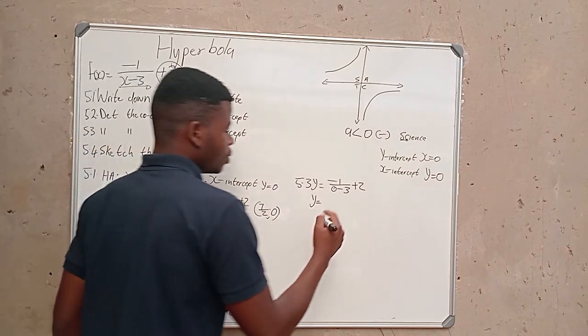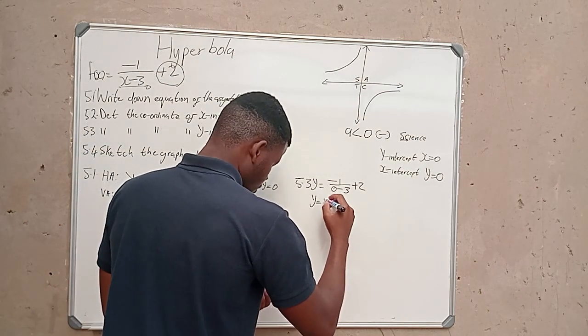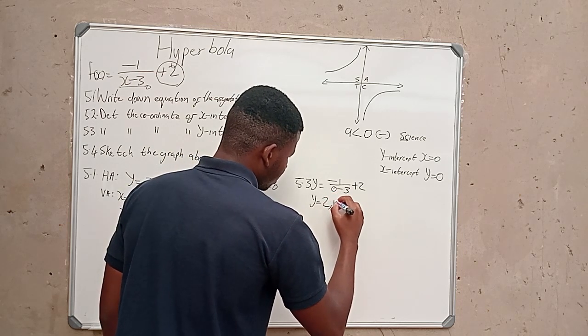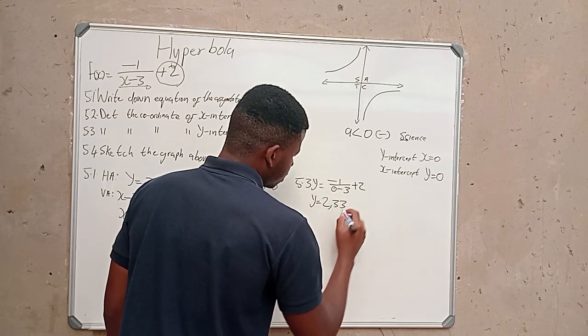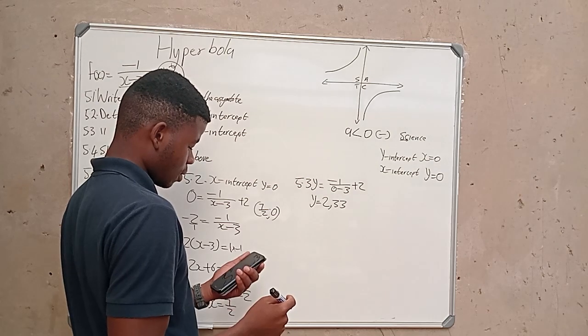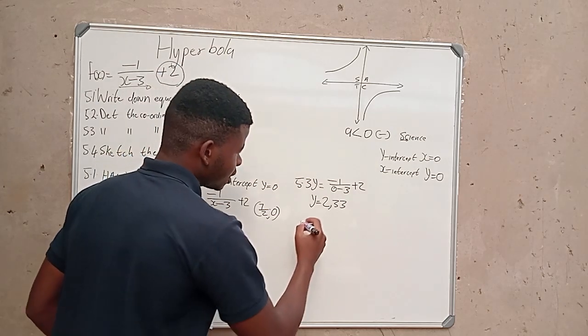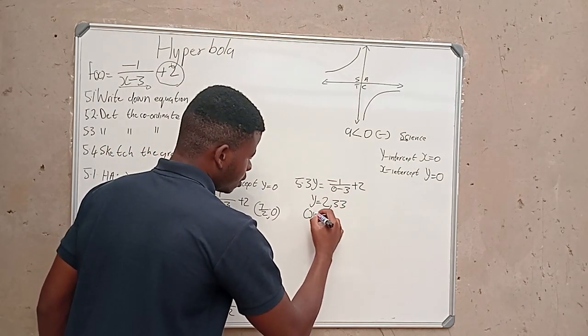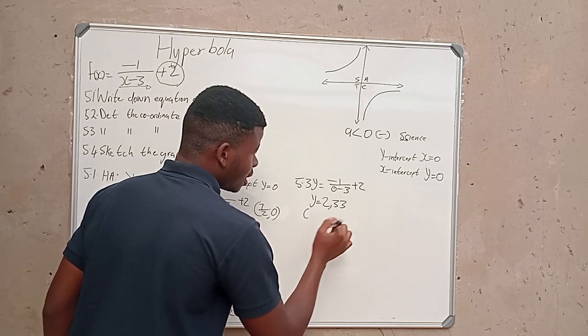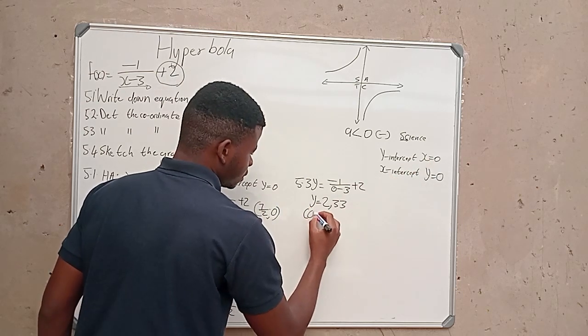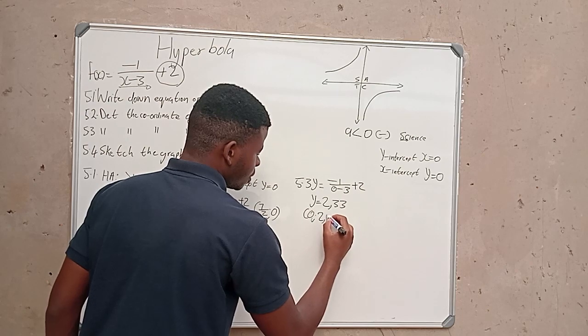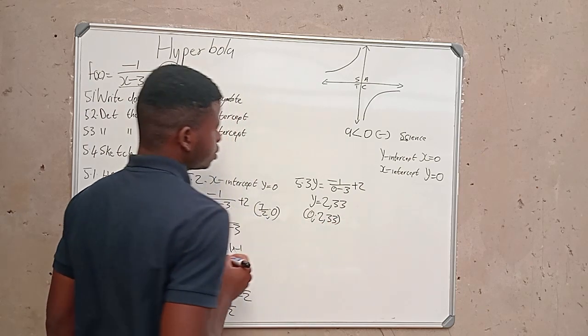So here we're going to have 2 comma 3 3, meaning our x is going to be 0, and our y is going to be 2 comma 3 3.